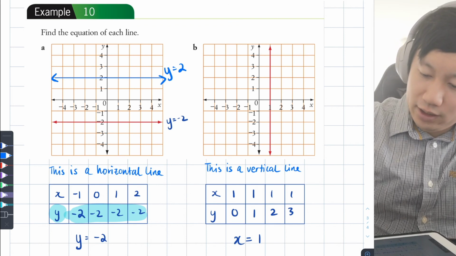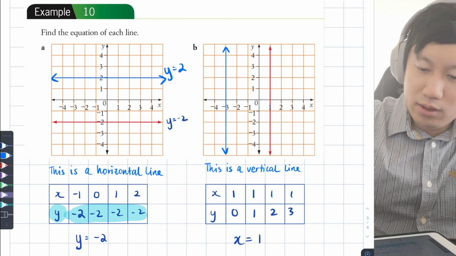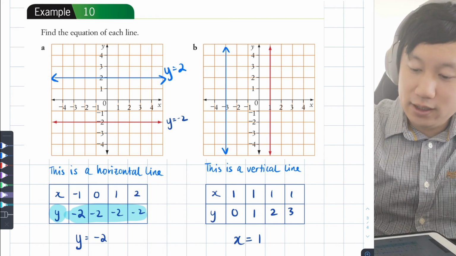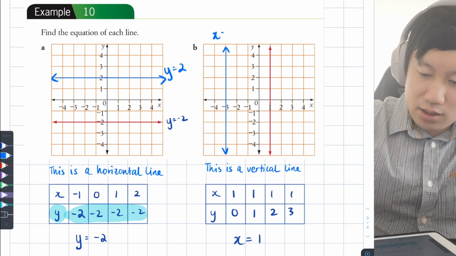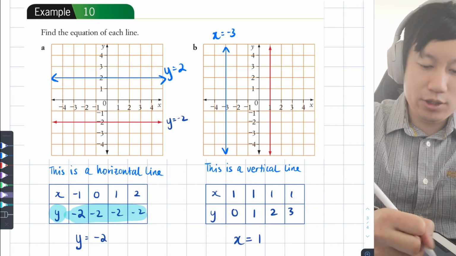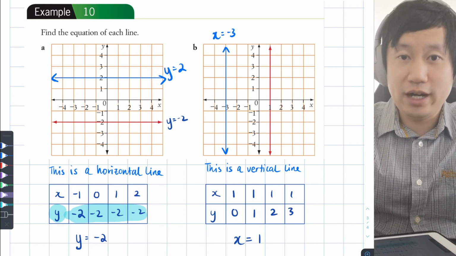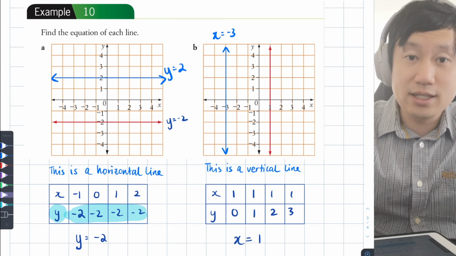If I draw a line here on the other diagram, that vertical line is crossing the x-axis at -3, so that's just x equals -3. Whilst you're drawing any of these lines, you have to make sure you also draw those arrows at the end just to indicate that they keep going, they're continuous lines.